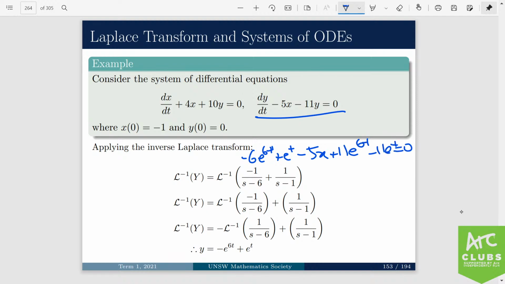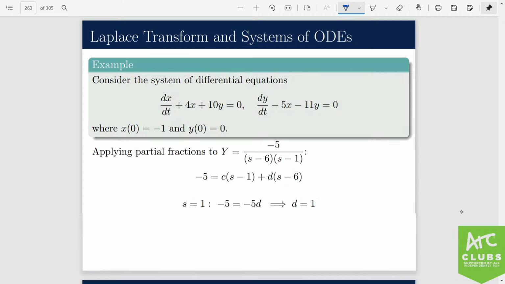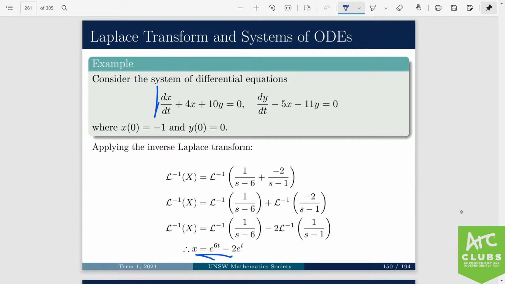Great. So if we simplify this, we get minus 5x plus 5e to the 6t, minus 10e to the t equals 0. Then we move it over. So then x is equal to 2e to the t minus e to the 6t. So let's just double check. And that's exactly what we've got over here.